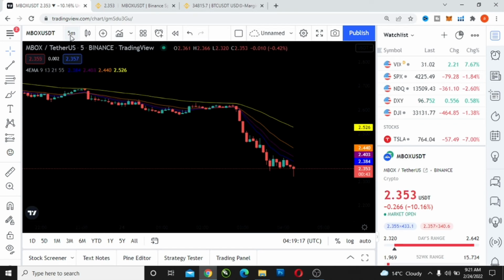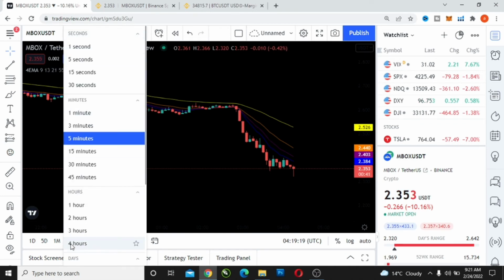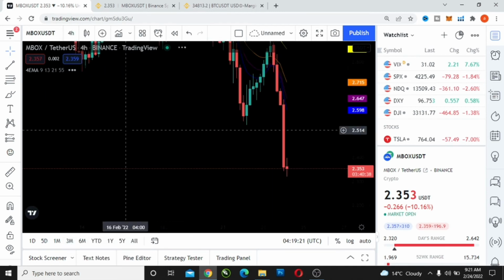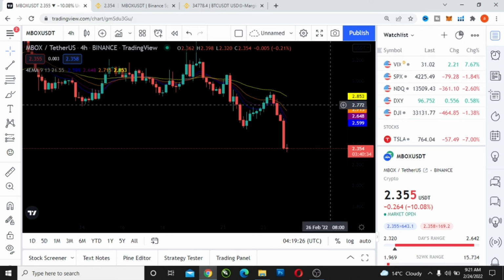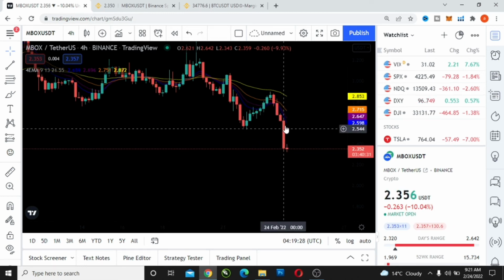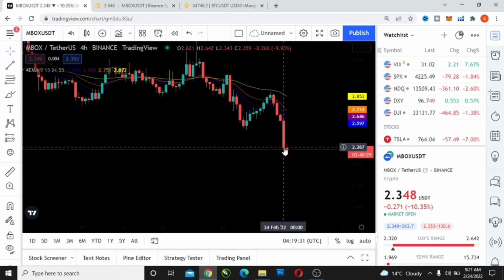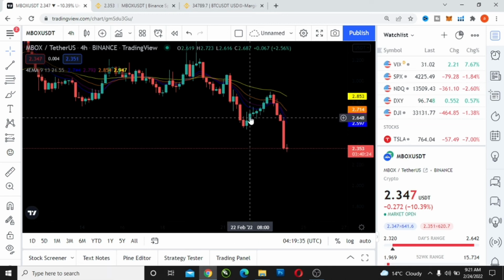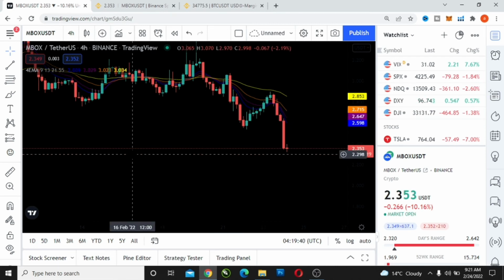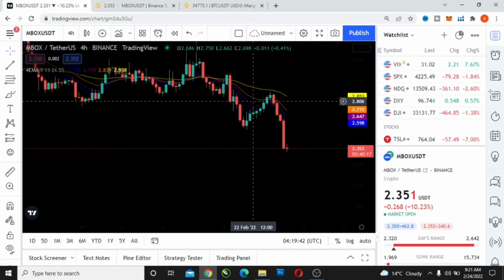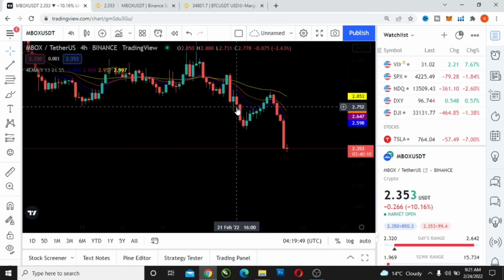For this particular indicator, you have to look at bigger time frames like the 4-hour chart. Each candle shows the 4-hour movement of the market. So now when there is a crossover of all 4 EMA, all these 4 lines, that means an uptrend of a coin has started.